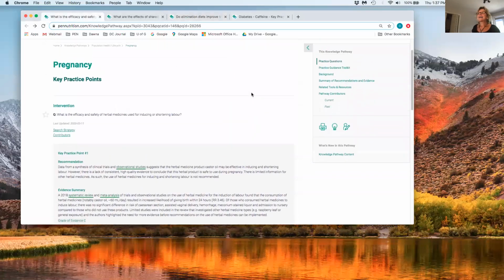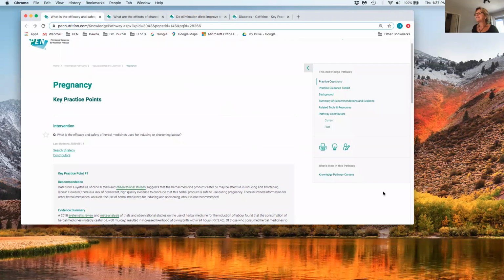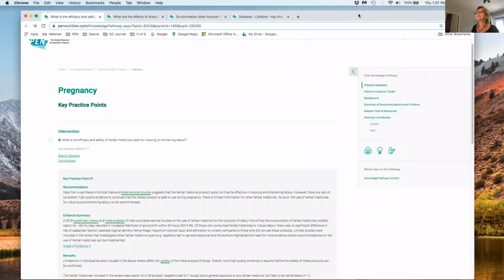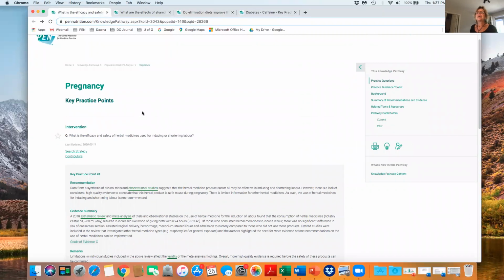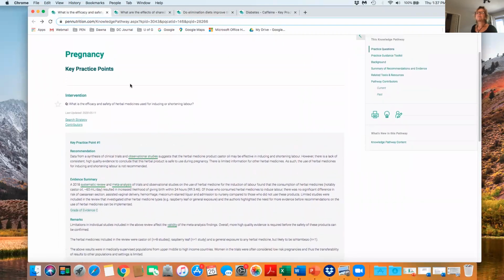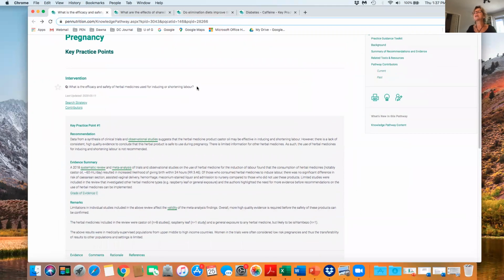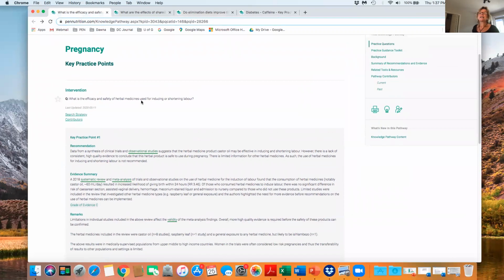So this is an example of information in PEN. I'll read it out to you because it may not be too clear. I took an example of a question from the pregnancy knowledge pathway, and there are many questions in this knowledge pathway. This one was about the efficacy and safety of herbal medicines used for inducing or shortening labor.